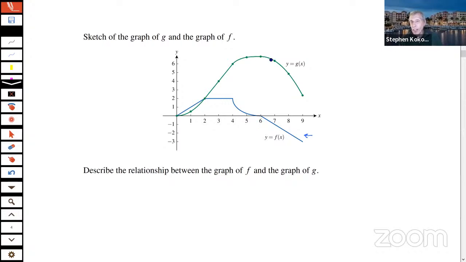And here from 6 on out, where g is decreasing, the graph of f is negative. And if they stare at that long enough, that might suggest that there is some sort of a relationship here. That is that g prime of x is equal to f of x. And that, I think, is kind of cool.